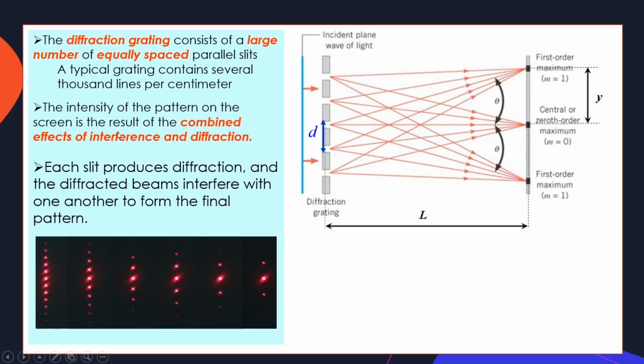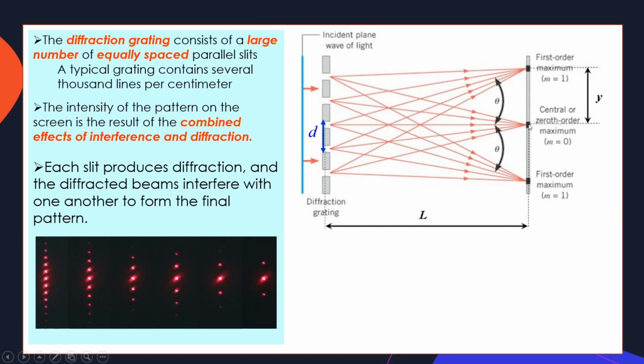The intensity of the pattern on the screen is the result of the combined effects of interference and diffraction. Each slit produces diffraction, and the diffracted beams interfere with one another to form the final pattern on the screen.